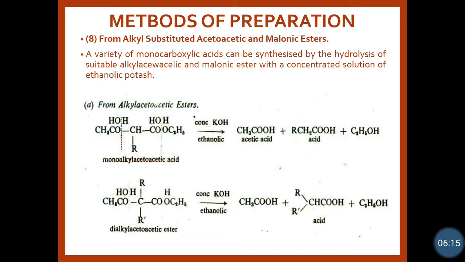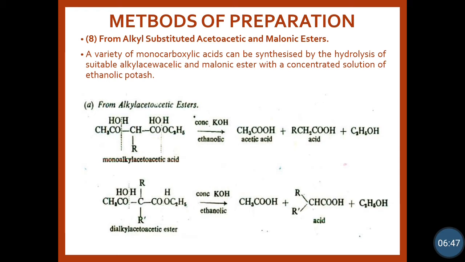Then the eighth reaction, from alkyl substituted acetoacetic and malonic esters. A variety of monocarboxylic acids can be synthesized by hydrolysis of the suitable acid or ester. Malonic acid or alkyl malonic acid with a concentrated solution of ethanolic potash will give the acid, that is acetic acid.